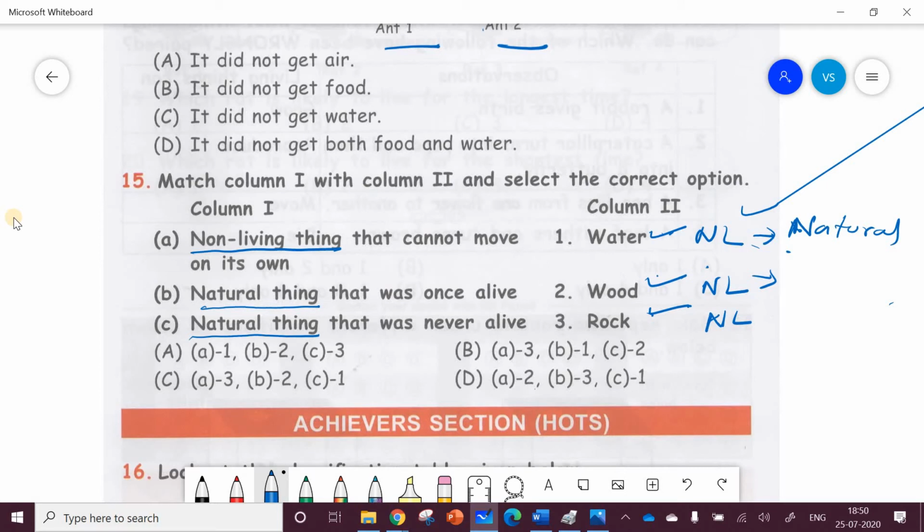Man-made. Okay. What about this rock? Rock is non-living. Natural or man-made? Natural. Very good.